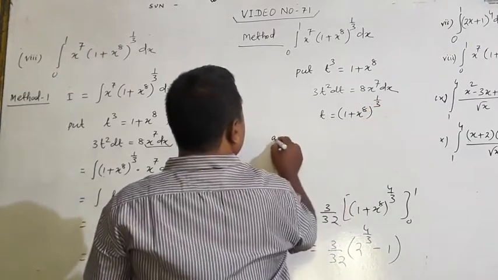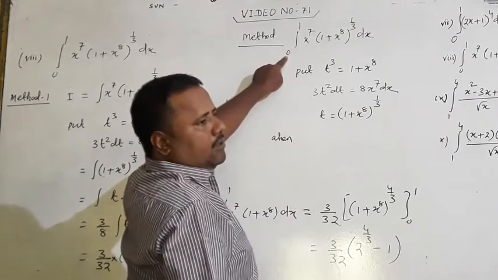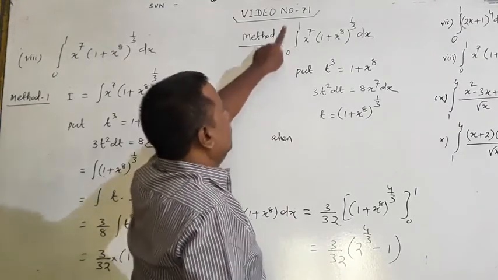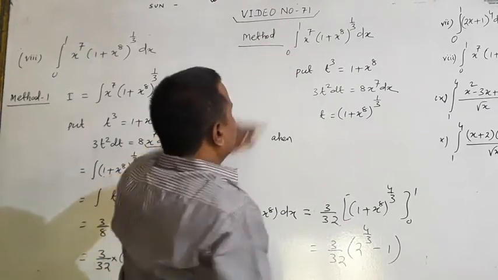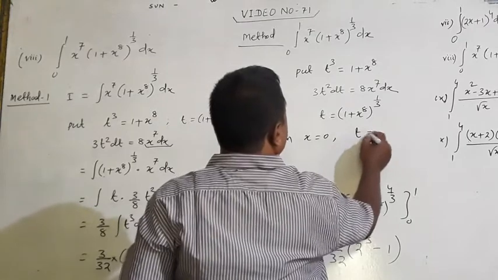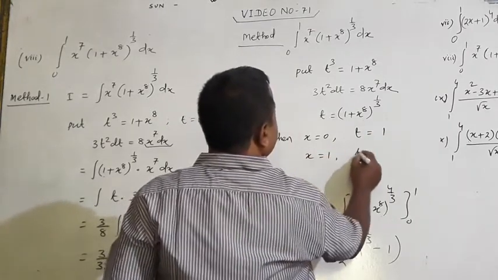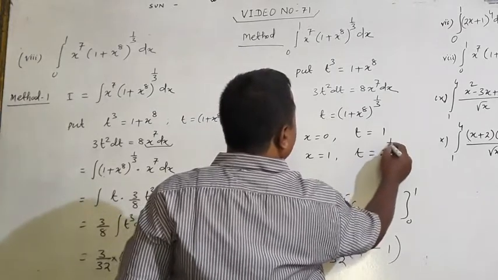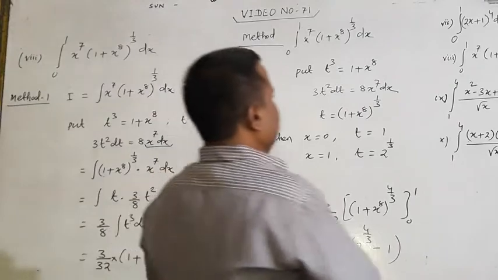Here the lower limit is 0, that is x is equal to 0, to the upper limit 1, which means x is equal to 1. When x is equal to 0, t is equal to 1. When x is equal to 1, t is 2 to the power 1 by 3.